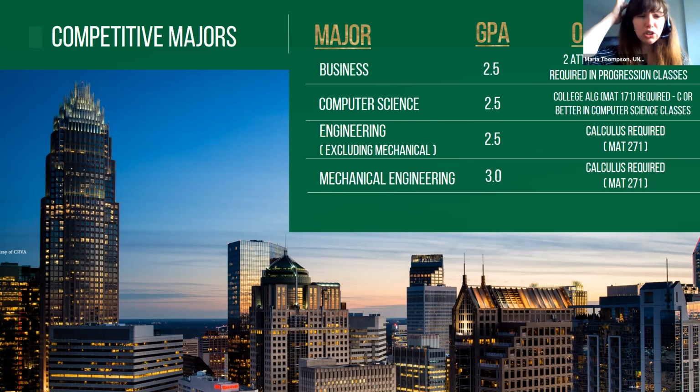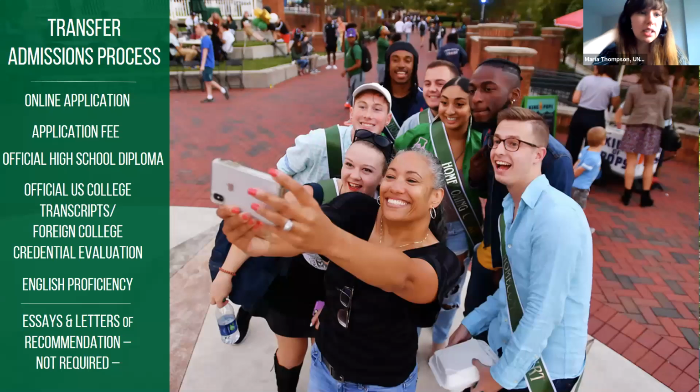Briefly about the transfer admissions process: submit an application through our website. There is an $80 application fee. We'll ask for your proof of high school graduation, which can be your diploma or degree certificate. We'll ask you for a credential evaluation if you attended a foreign institution, or just your US college transcript.